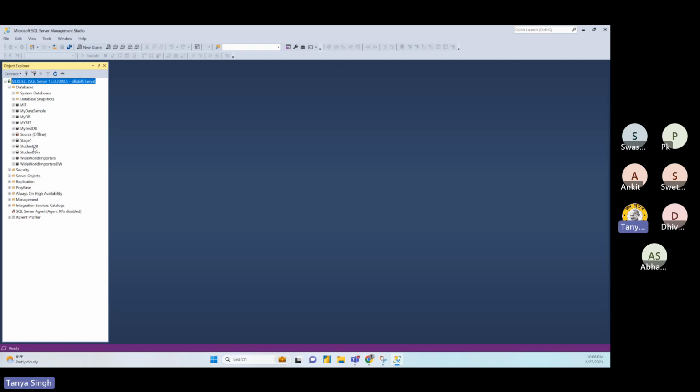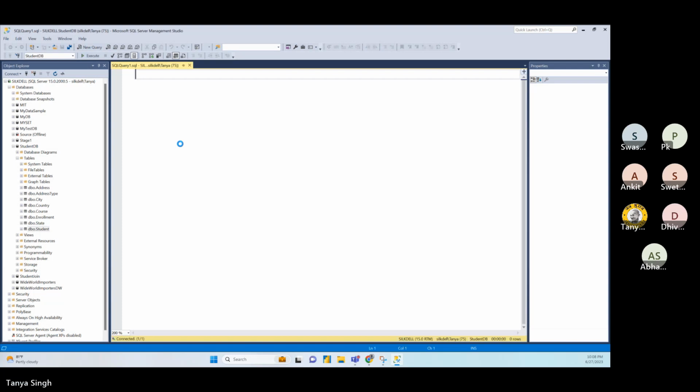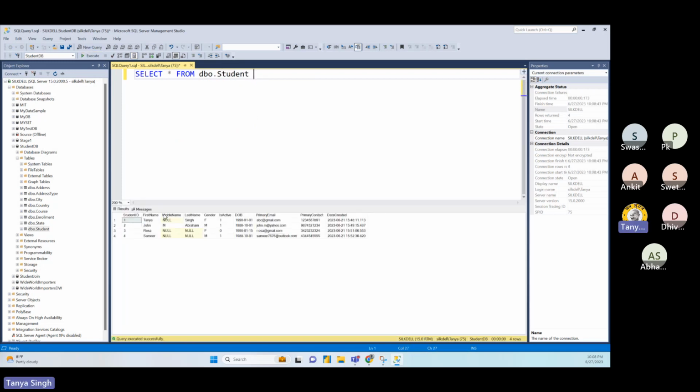Like in a student DB, if I'm writing a very simple query on a student, let's start from dbo.student. That's my very basic query, and I'm running that, then I get the data output. If you see behind the scenes what SQL Server has done, there is the execution plan, the actual execution plan.